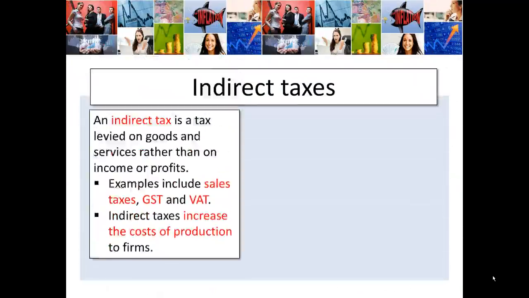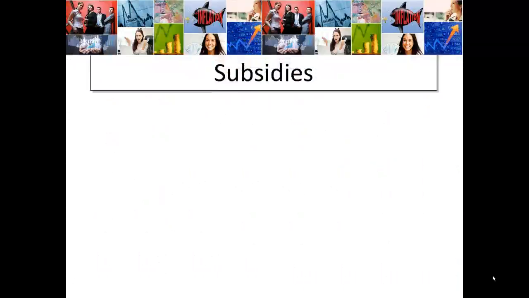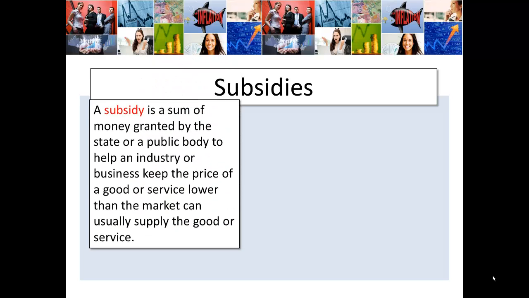Indirect taxes. An indirect tax is a tax levied on goods and services, and examples include sales taxes, GST, and value-added taxes, VAT. Indirect taxes increase the cost of production to firms. Subsidies.